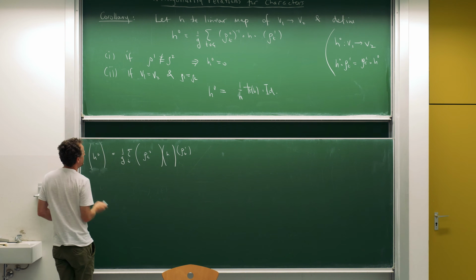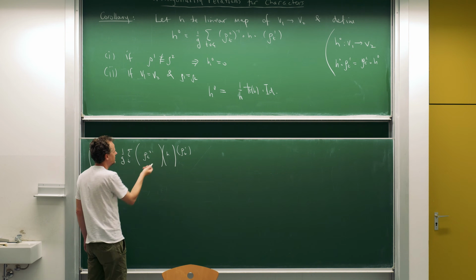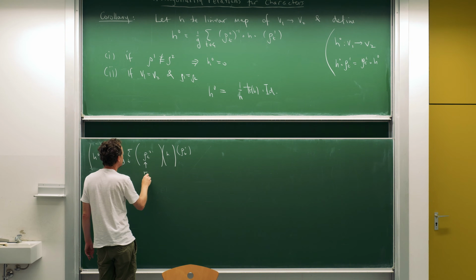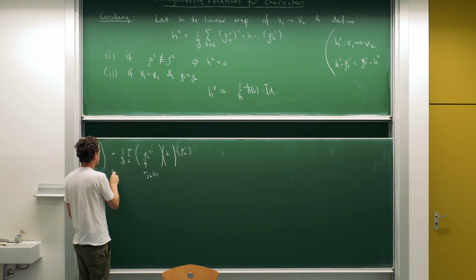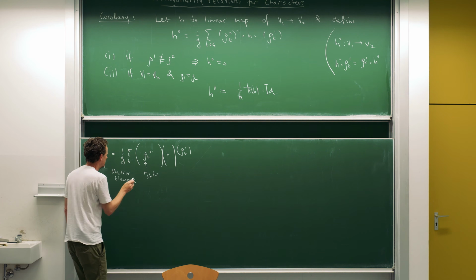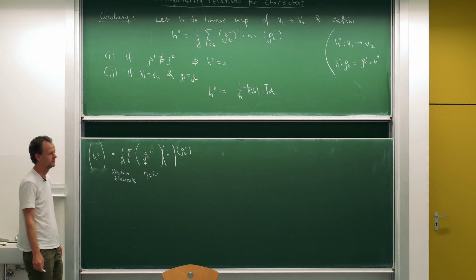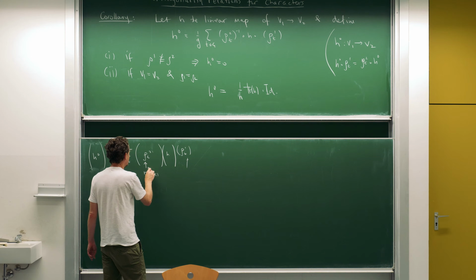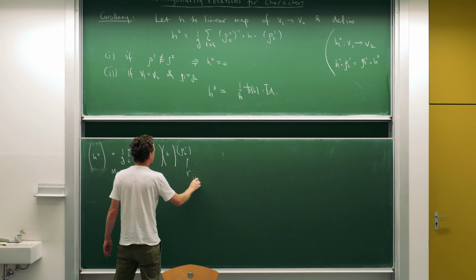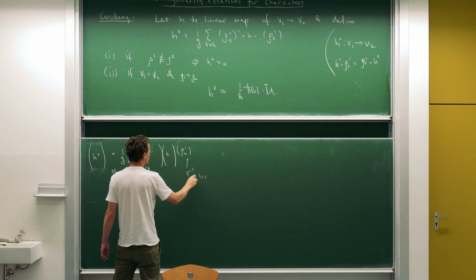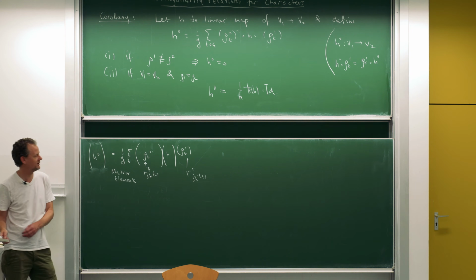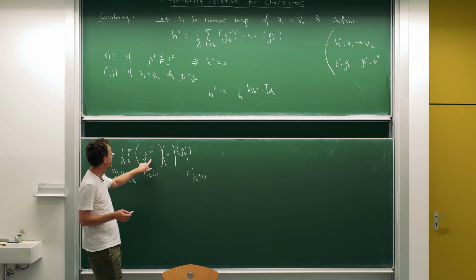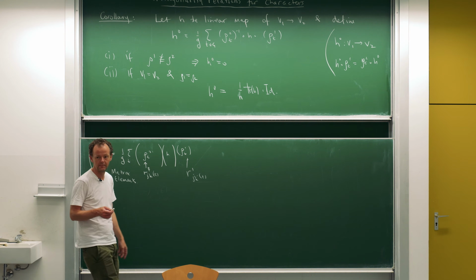Now, what are the matrix elements of these things? I'm just going to write the matrix elements of these as R, j, k, T, 1, and of this one as R, j, k, T, 2, and I'll put primes there to indicate that the matrix elements of these matrices are different than these matrices here.